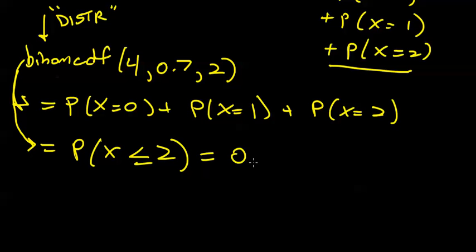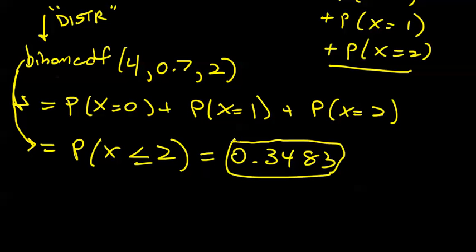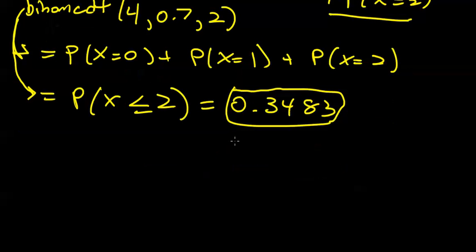And you punch this out on your calculator. Well, instead of grinding out this formula 3 times, you can get it with 1 series of button pushes, and the calculator returns 0.3483. All right, we can easily see the beauty and use of this command.